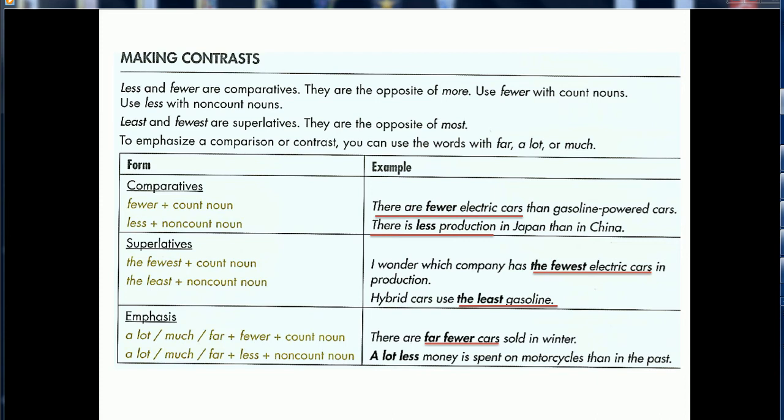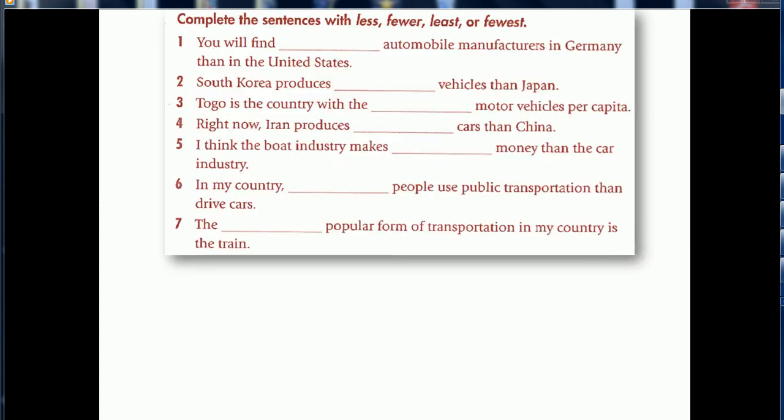Now let's practice a little bit more. This is going to be the second exercise. Complete these sentences using less, fewer, least, and fewest. You have 7 sentences right here, and you're going to decide which word you're going to put. For example, number 1: fill in the blank, automobile manufacturers in Germany than in the United States.